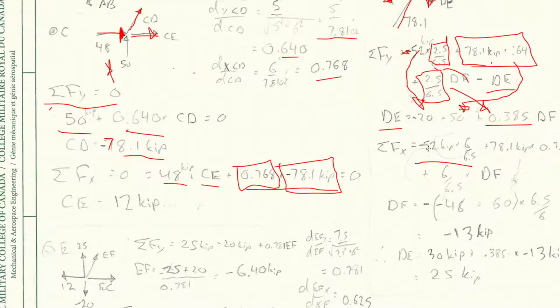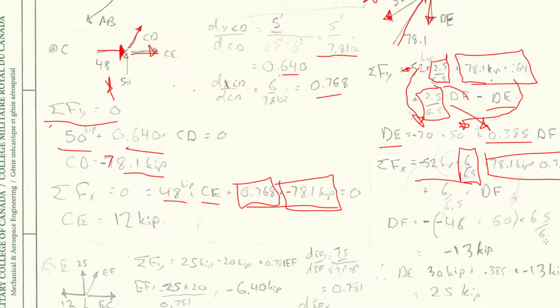So negative 52 kip times the unit vector component in the x direction for that angle, and our positive 78.1 kip times its unit vector component in the x direction.